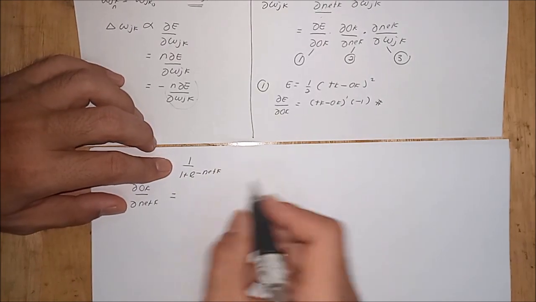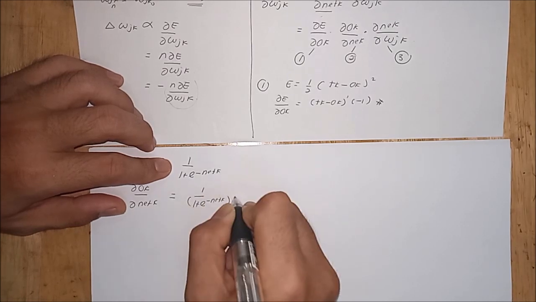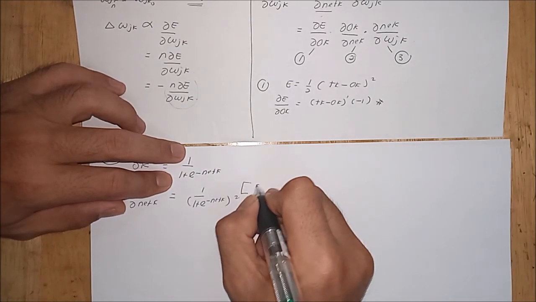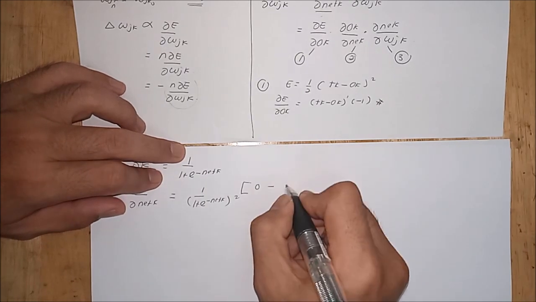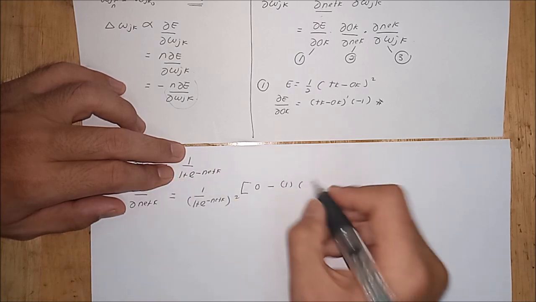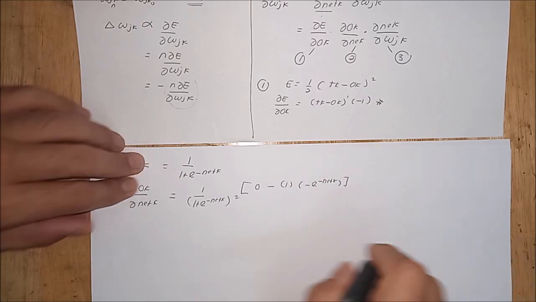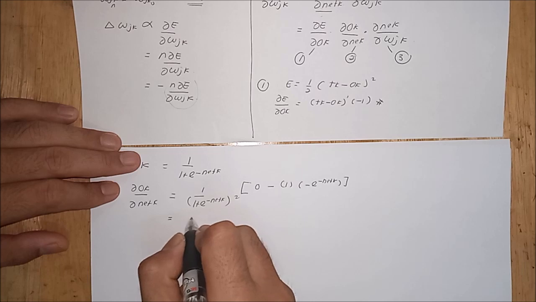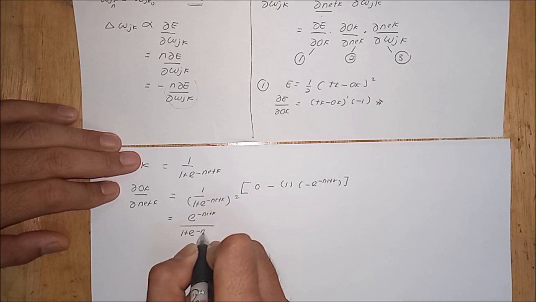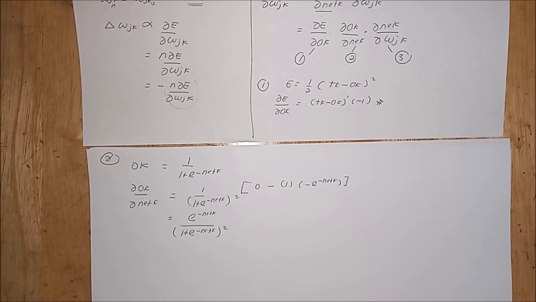You can differentiate this by using (1 over (1 plus e to the minus net k)) squared. You take the upper part and differentiate, so it will become 0, minus, you take this part and then differentiate the below part, so this will become 0 plus minus e to the minus net k, so that you will have e to the minus net k over (1 plus e to the minus net k) squared. So this is the derivation for this part.